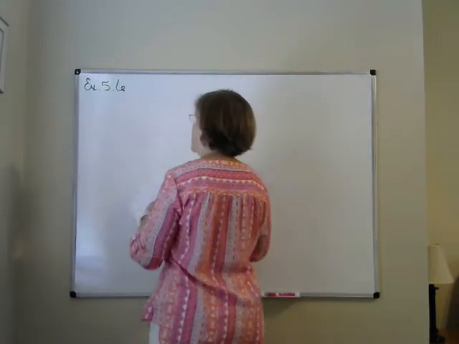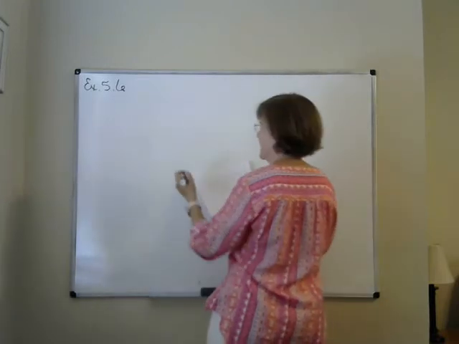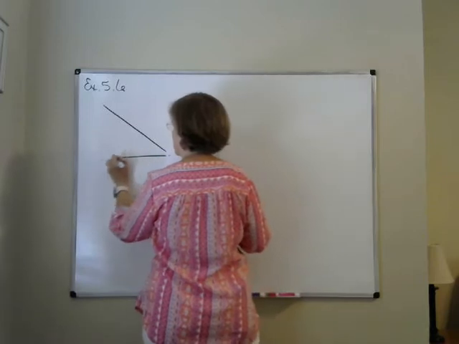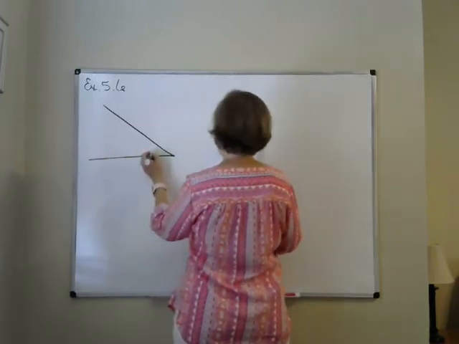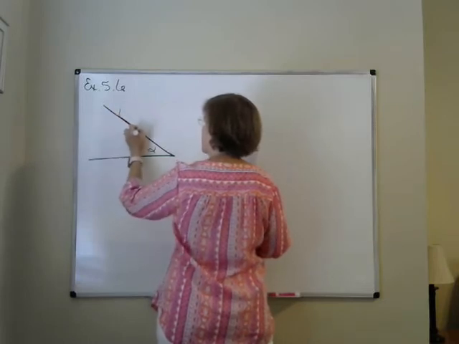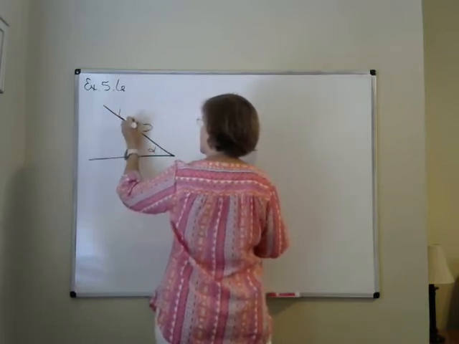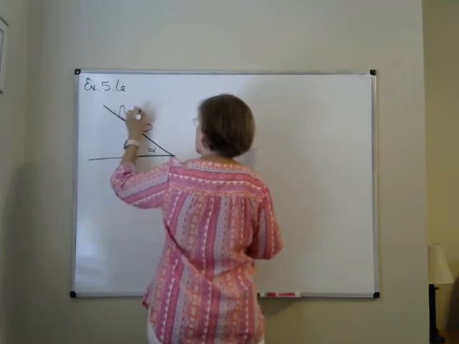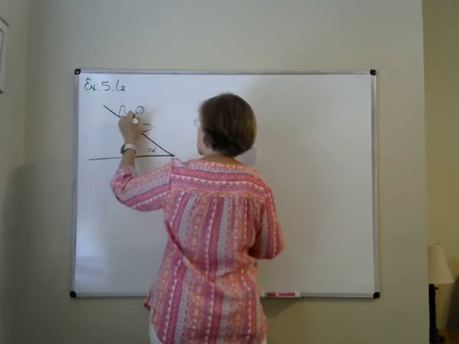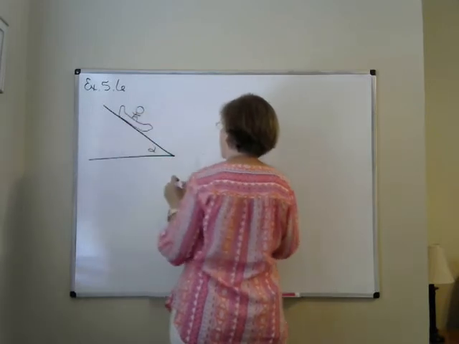We have a toboggan or a sled that's sliding downhill. The hill makes some angle alpha. And they put a bunch of little people in it. I'm just going to put one little person in it. They're sitting in there.